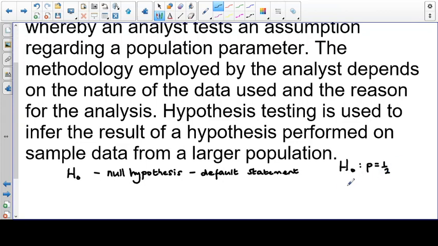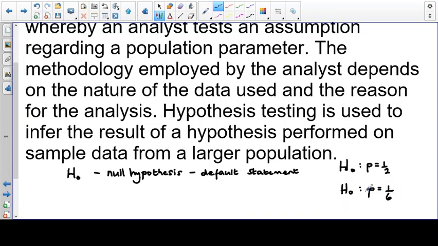It might be a dice, and we want to work out if the dice is loaded. So in other words, it's coming down on a 6 more often. Your null hypothesis in this case might be that the probability of getting a 6 is a sixth. So we would assume that it's a fair dice.